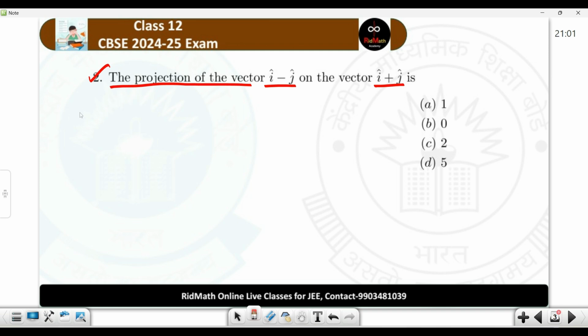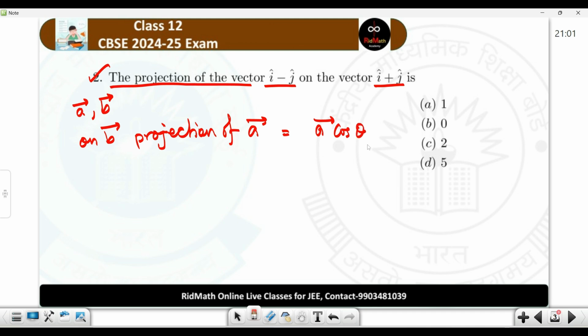So you know that if two vectors are a vector and b vector, then the projection of a vector on b vector is denoted by mod a cos theta, where theta is the angle between a vector and b vector.